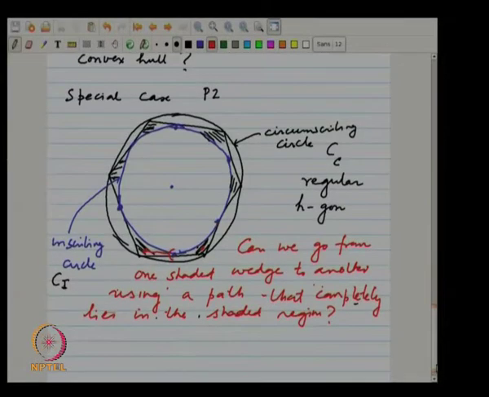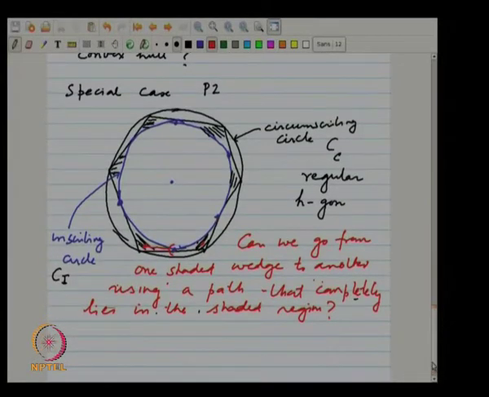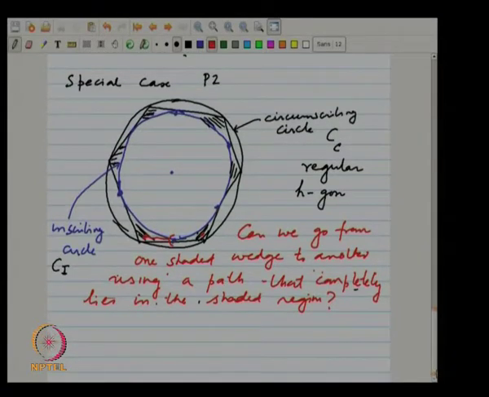So then, what has all this got to do with lower bounds? The special case P 2 that I am trying to pose is the following. The earlier P 1 was: given any set of n points and some number h, are there h points on the convex hull? Now, I am actually fixing these h points.